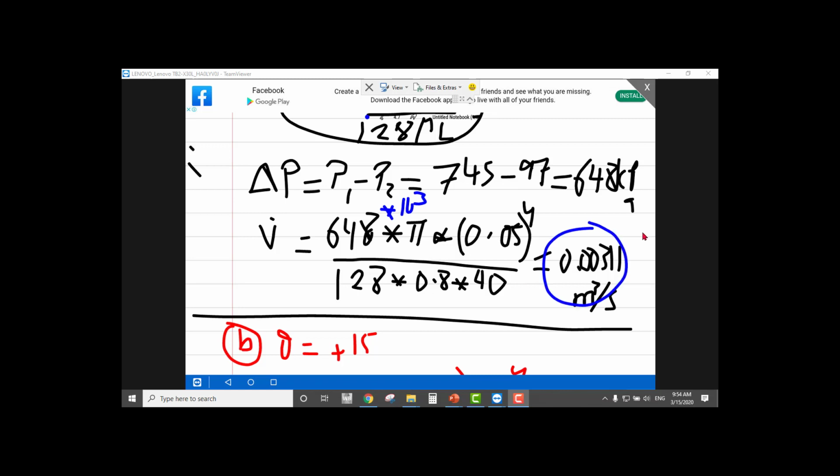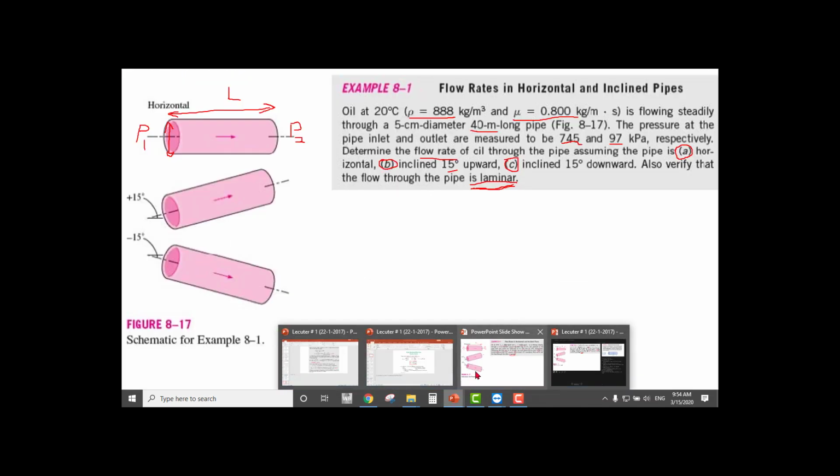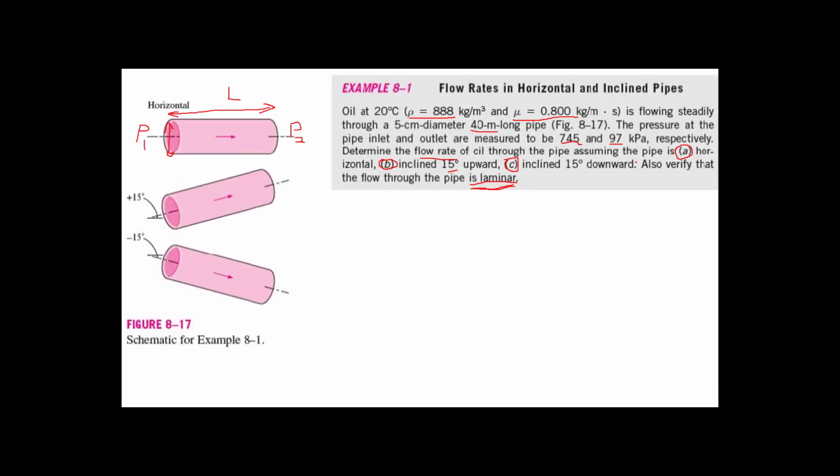So this is the first part. Now let's go back to the statement of the question. First of all, determine the flow rate of oil, horizontal, inclined, upward, downward. So this is the first part, we calculate the flow rate. Now also verify that the flow is laminar.